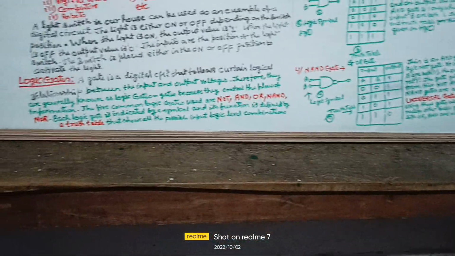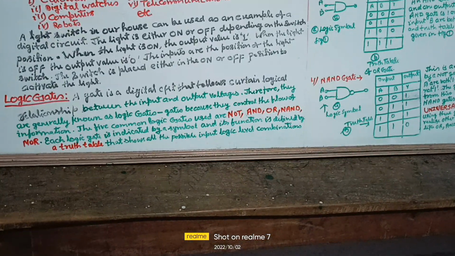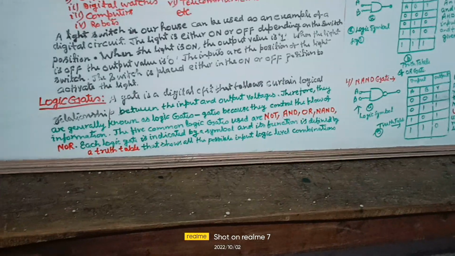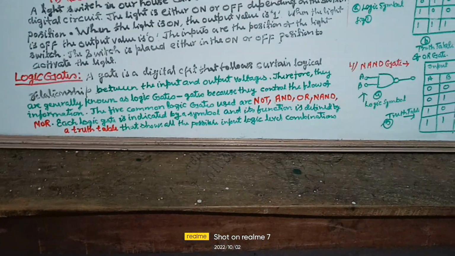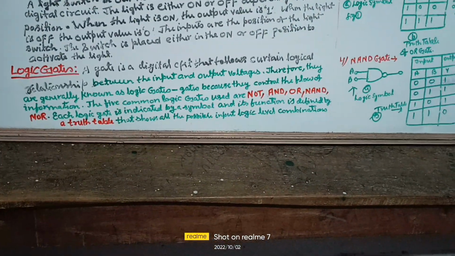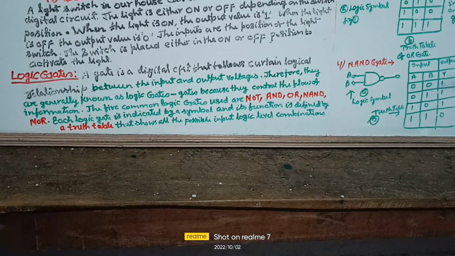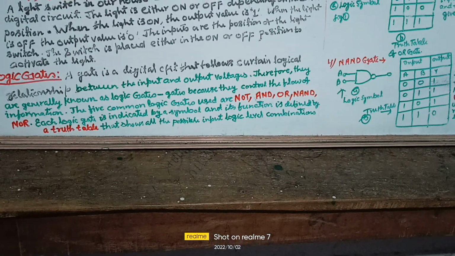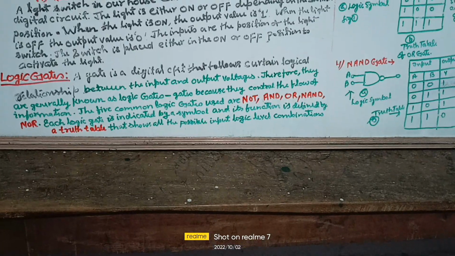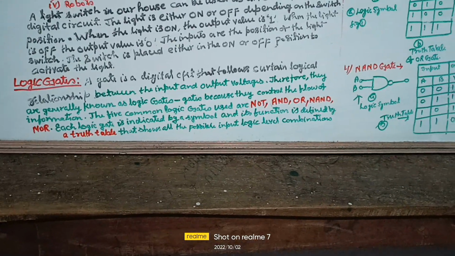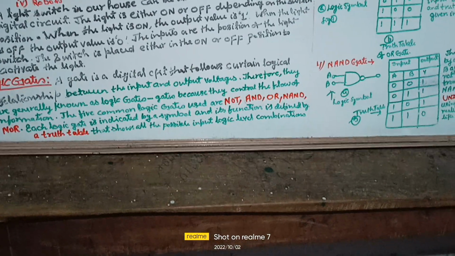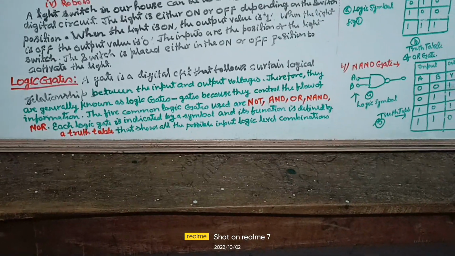Logic gates. A gate is a digital circuit that follows a certain logical relationship between the input and output voltage. Therefore, they are generally known as logic gates because they control the flow of information.